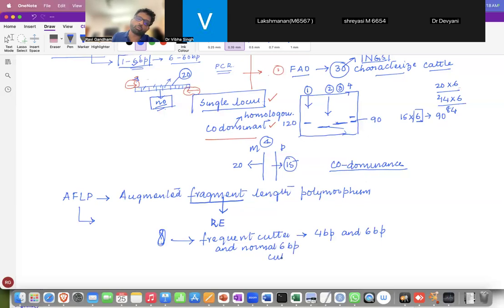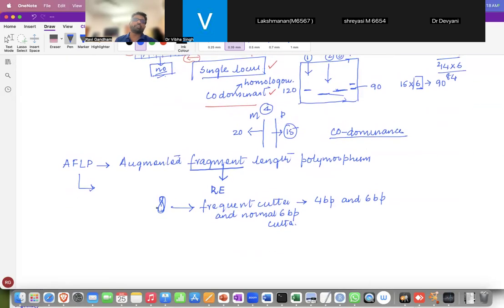So now look what's happening here. Now what do you have here? When you cut it, the fragments of DNA that you have here on one side will be having a 4 cutter recognition site as well as a 6 cutter recognition site.